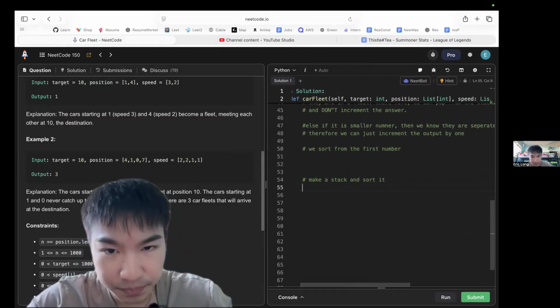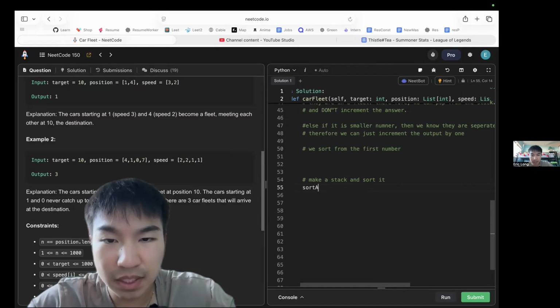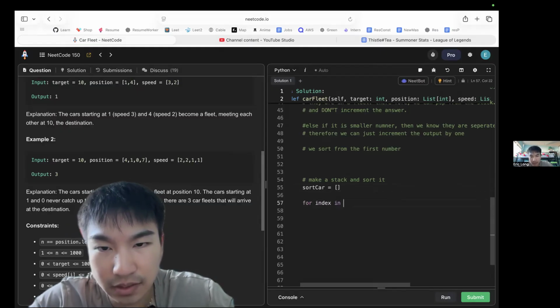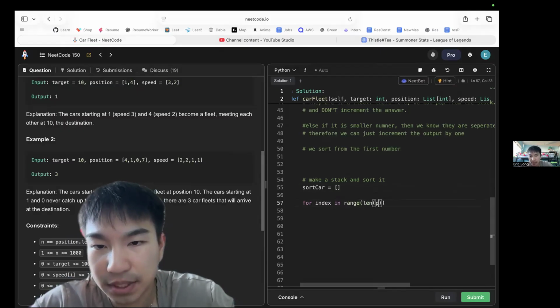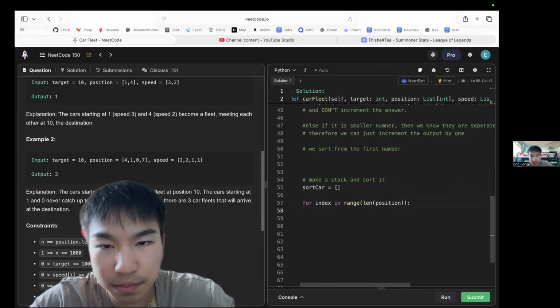I'm gonna say sort car. Sort car is equal to empty for now. I'm gonna say for index in range length of position. Now sort car dot append.